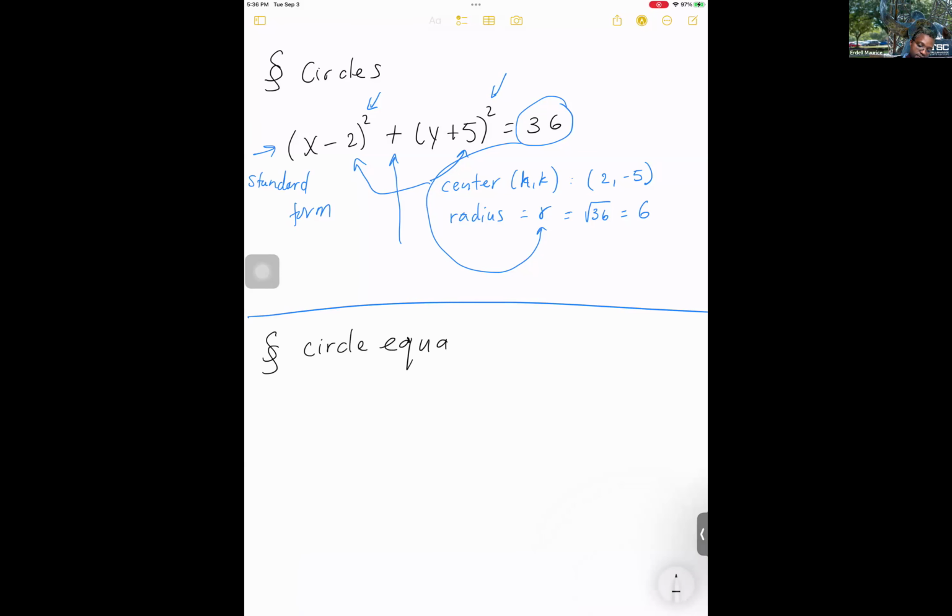If your equation is given in general form, you first have to take it from general form and convert it into standard form.